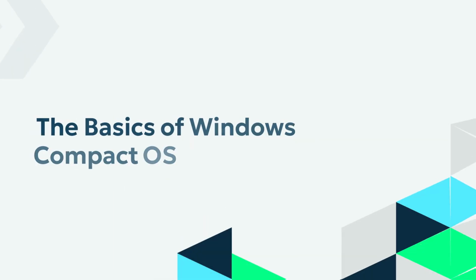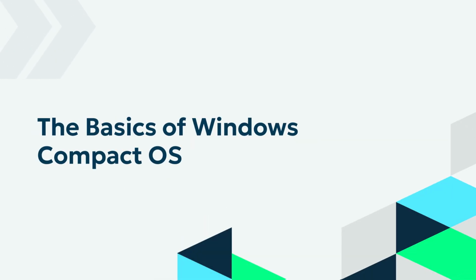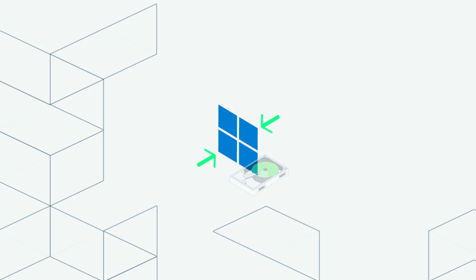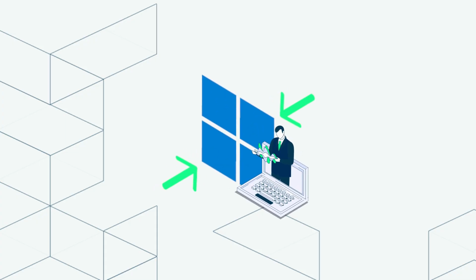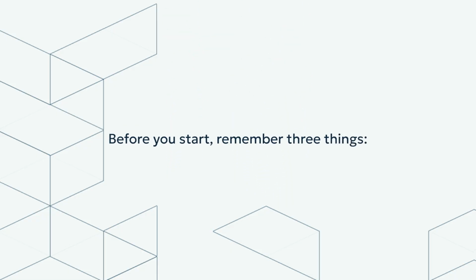The basics of Windows Compact OS. Compact OS is a powerful solution for limited local storage, particularly useful for IT admins setting up endpoints in enterprise, embedded, VM, IoT, or kiosk environments. Before you start, remember 3 things.